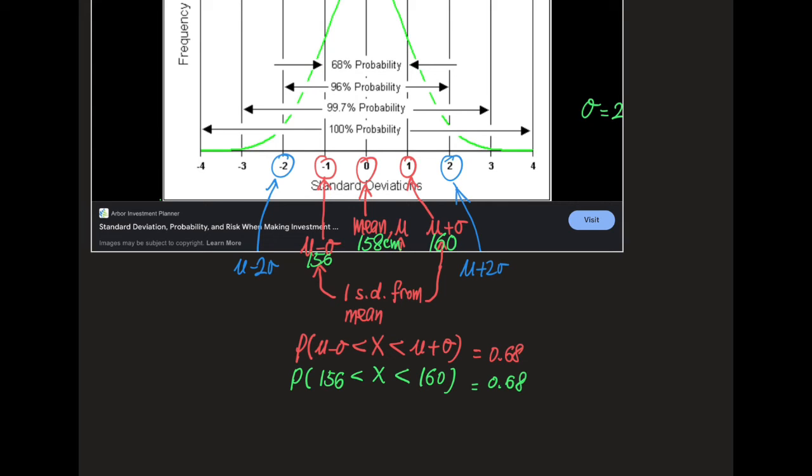And mu minus 2 sigma is 158 minus 4, which is 154.